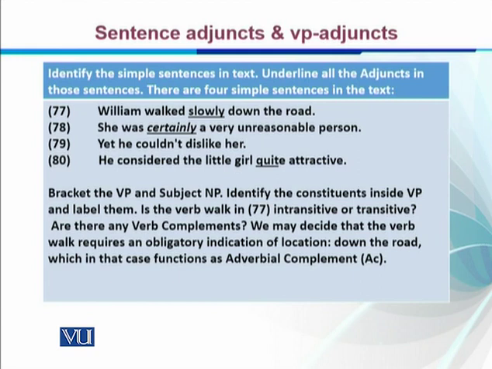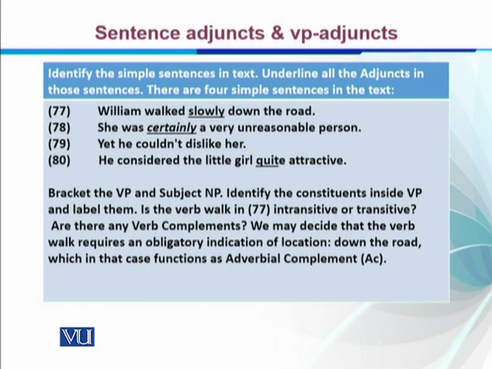So we have to see whether the verb walked is intransitive or transitive, and we may decide whether the verb walk requires an obligatory indication of location, down the road, which in that case functions as an adverbial complement. These are some of the questions which can be asked.